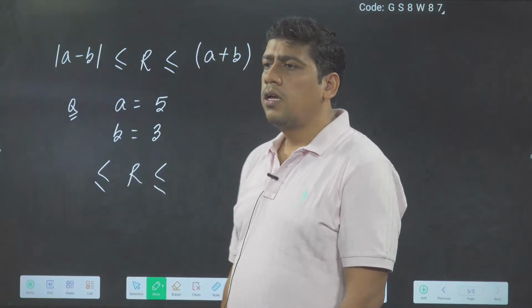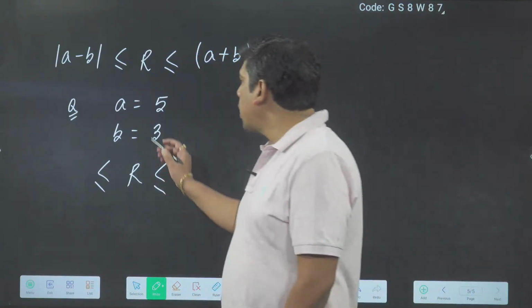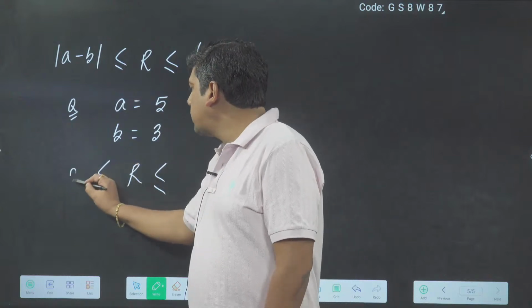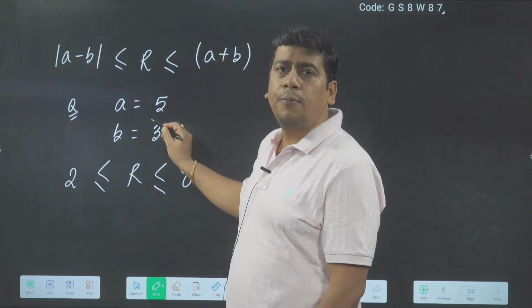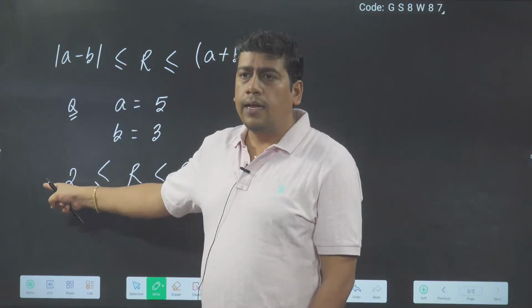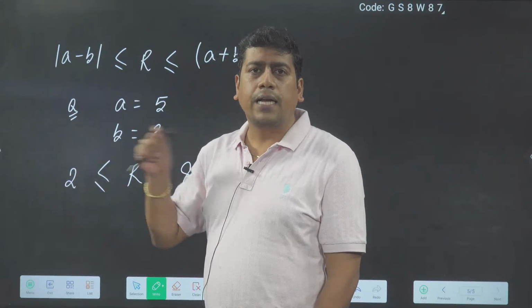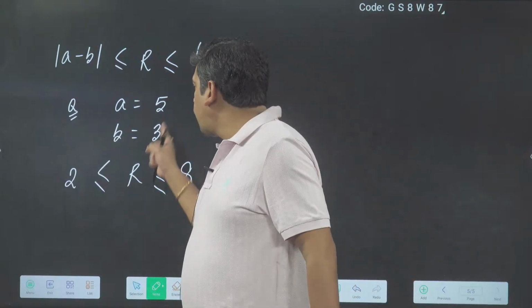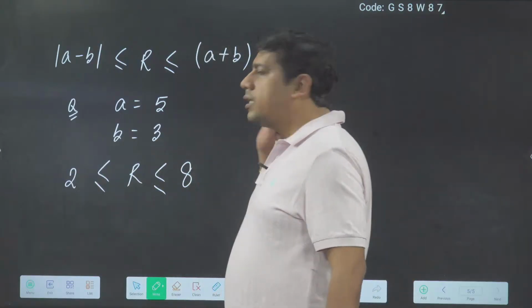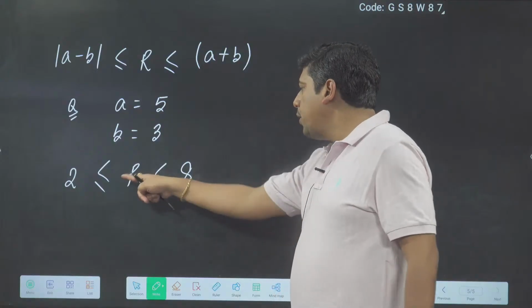Very good. Because A minus B, 5 minus 3, is 2, and 5 plus 3 is 8. Don't do minus 2. Never put R as negative. Magnitude is not supposed to be negative. Please understand this point. So the resultant will be between 2 to 8.